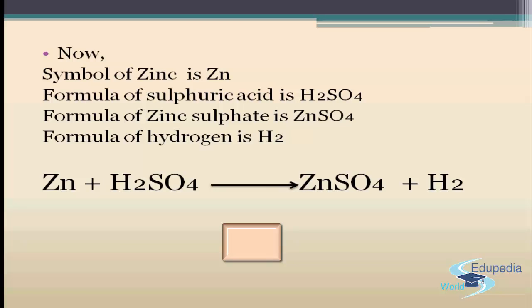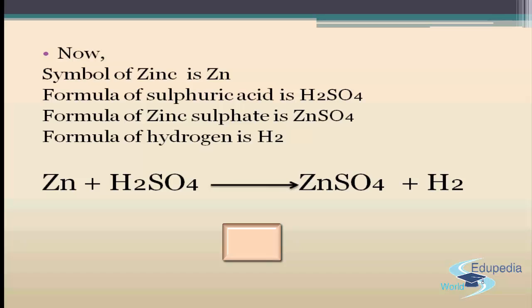So if I convert that reaction into the symbols and formulas, I'll get Zn plus H2SO4 giving ZnSO4 plus H2. So this is a chemical equation of a chemical reaction using symbols and formulas.